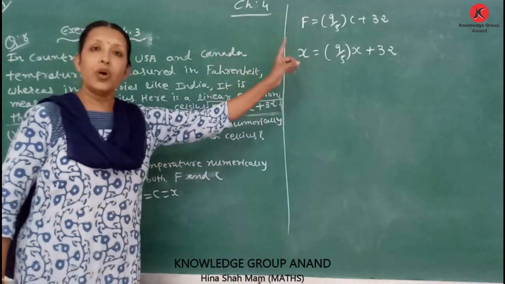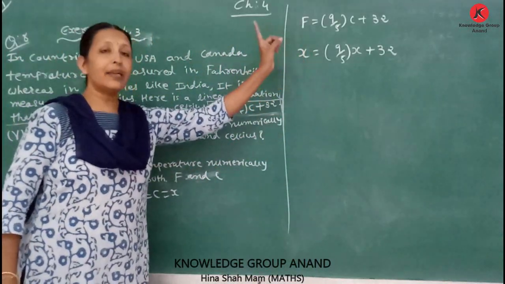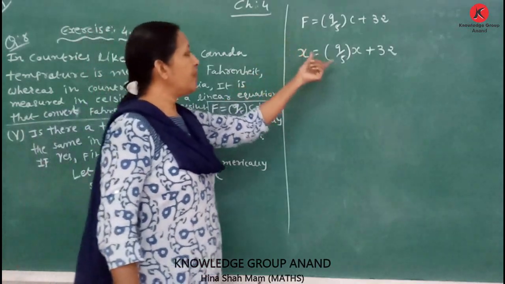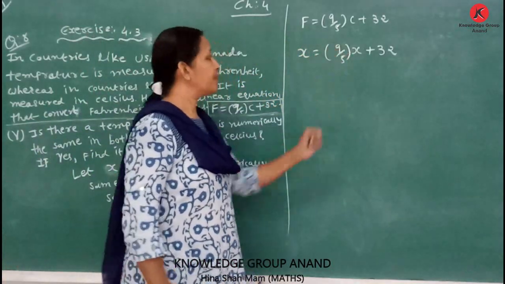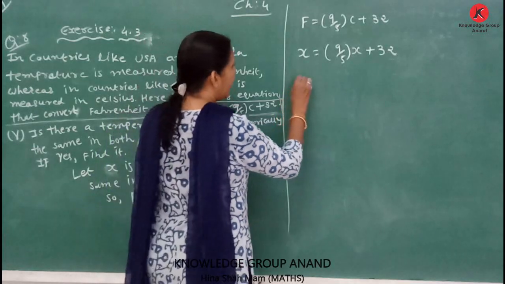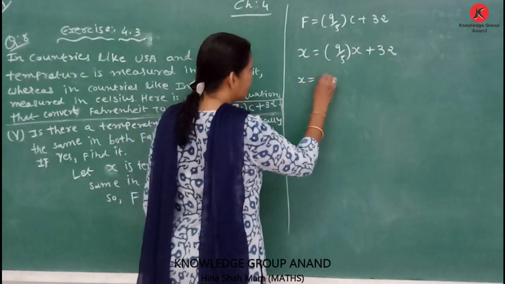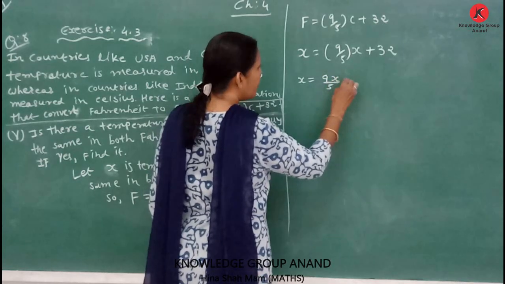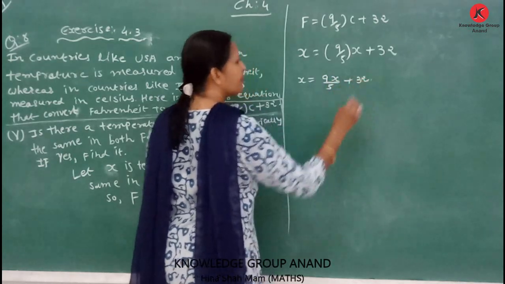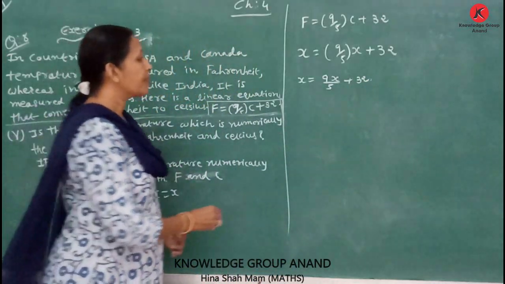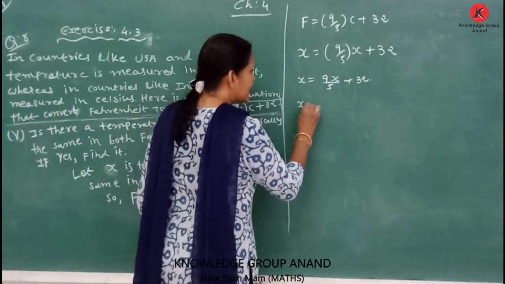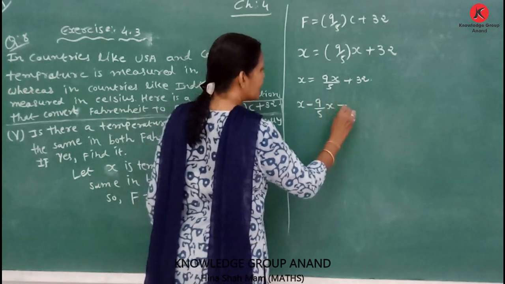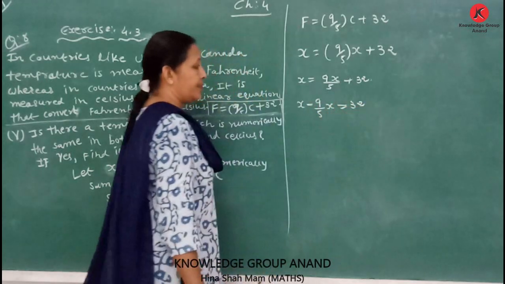We put for both F and C the value X. X is equal to 9X upon 5 plus 32. Keeping the X terms on the same side, 9/5 X is equal to 32.